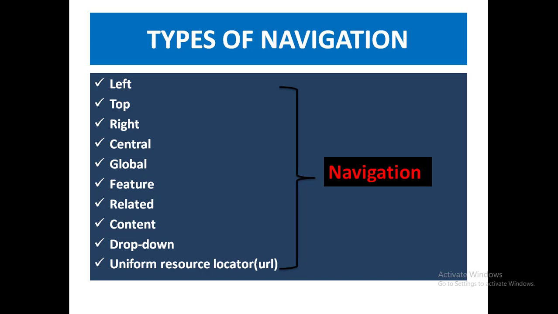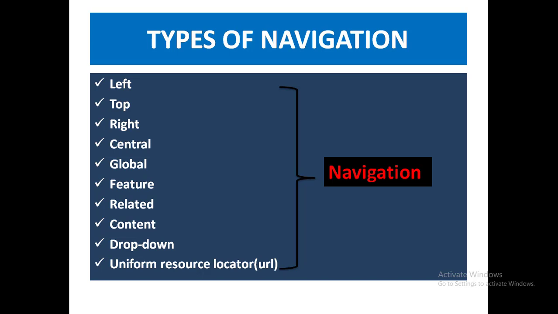The global navigation contains links to pages that are accessible from every page on the site. Anywhere you get to, you see any of those navigation links, either home, contact us, about us, and so on. Global navigation is mainly placed at the top and bottom of every page you open on the website.